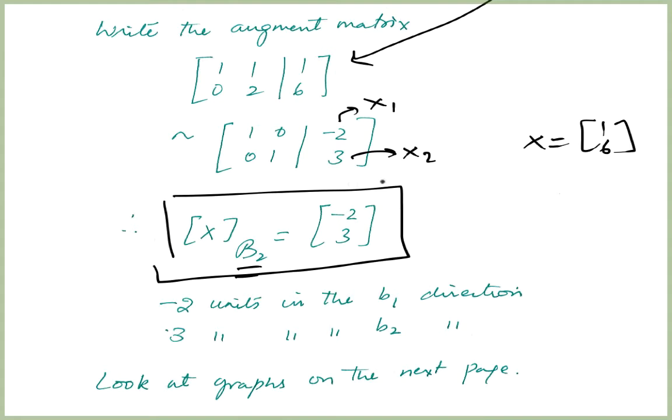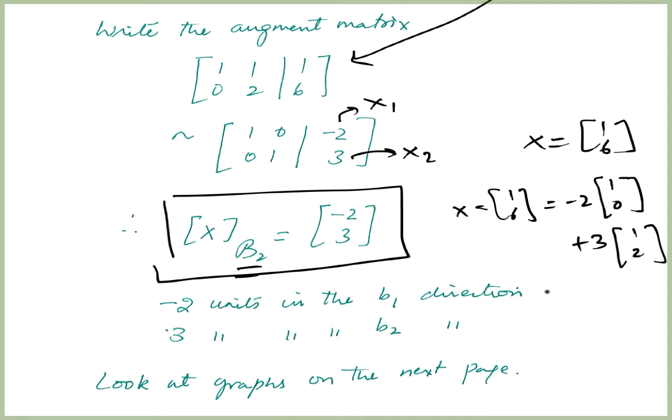So what does this mean? This means I can write this vector x, (1, 6), as minus 2 times the vector B1, (1, 0), plus 3 times the vector (1, 2), which is basically minus 2 times B1 plus 3 times B2.